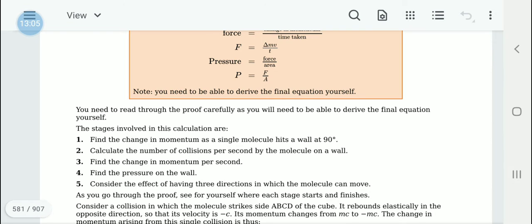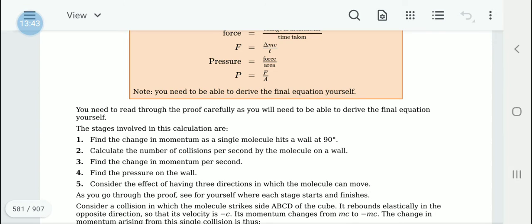The stages involved in this calculation are: find the change in momentum as a single molecule hits a wall at 90 degrees. Then calculate the number of collisions per second by the molecule on a wall. Then find the change in momentum per second, and find the pressure on the wall.